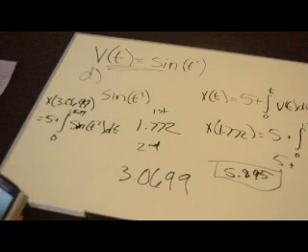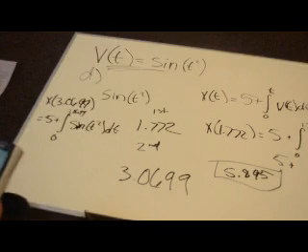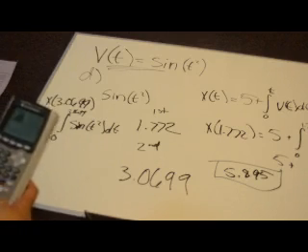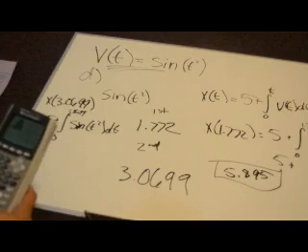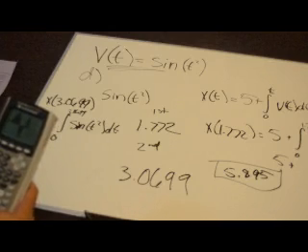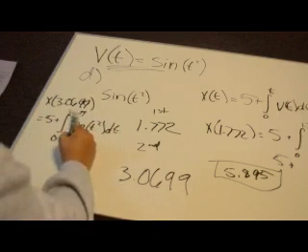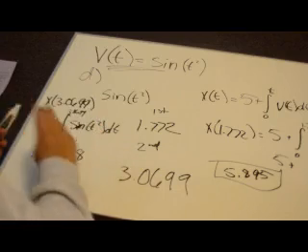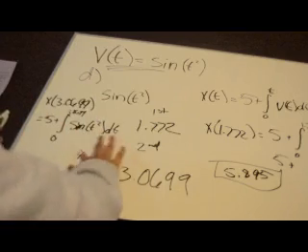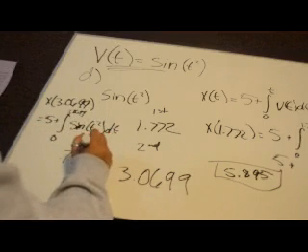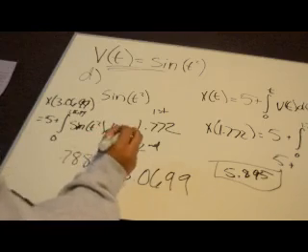Second Calc 7 from 0 to 3.0699, you get 0.788.